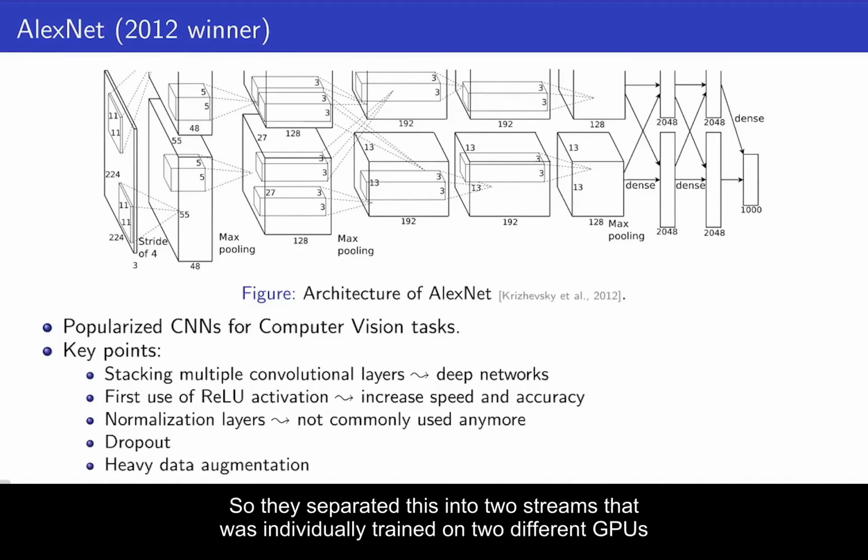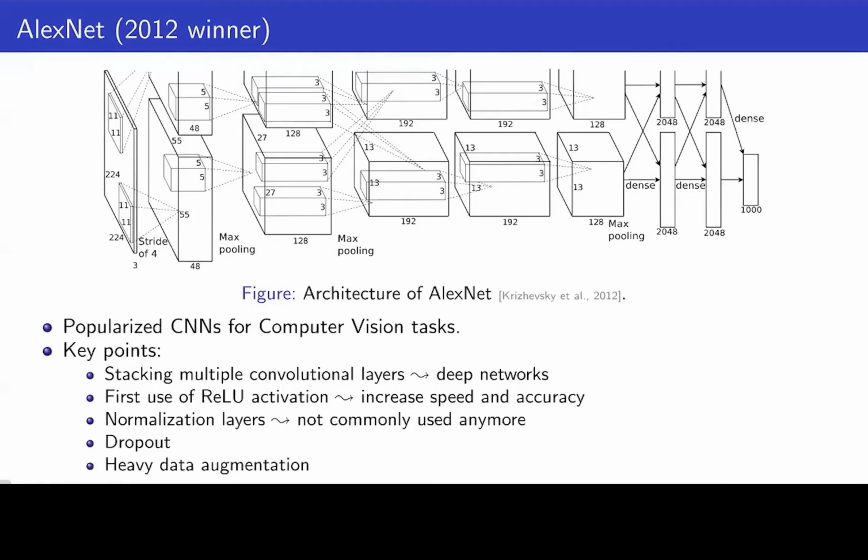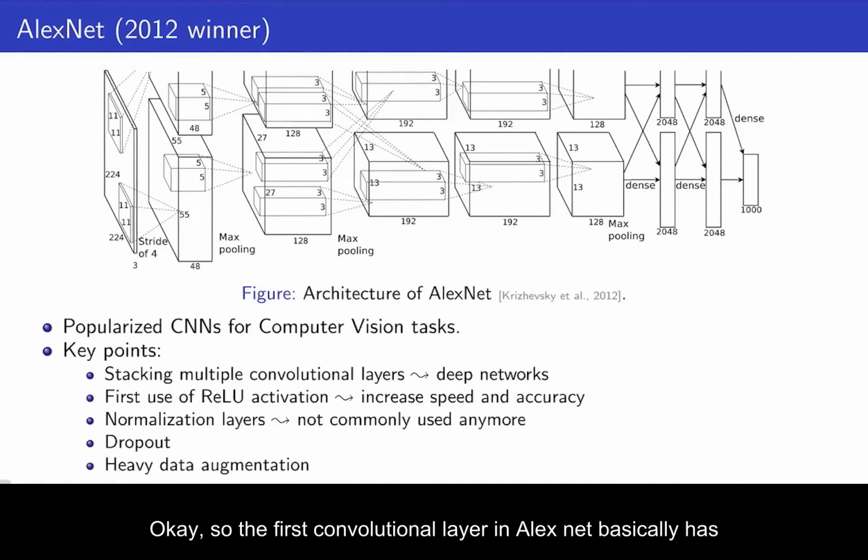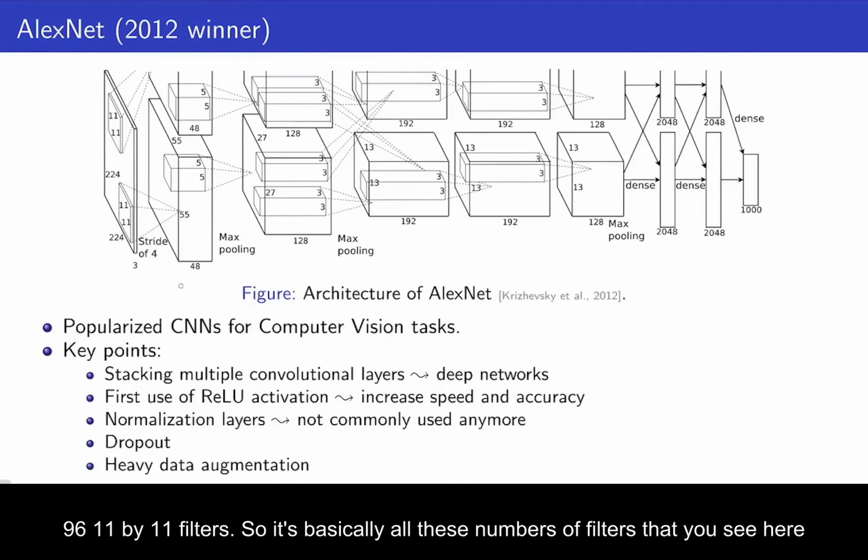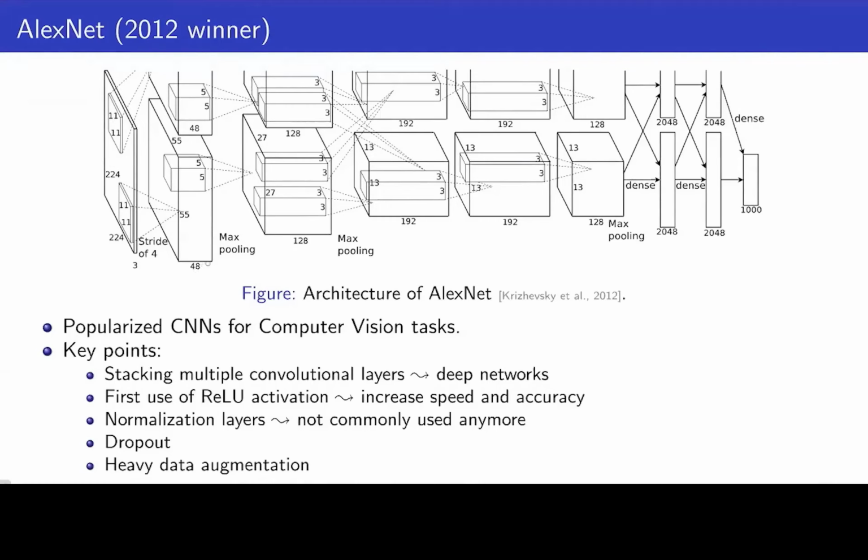They separated this into 2 streams that were individually trained on 2 different GPUs. The first convolutional layer in AlexNet has 96 11 by 11 filters, which is the number of filters you see here times 2, because you have 2 streams.